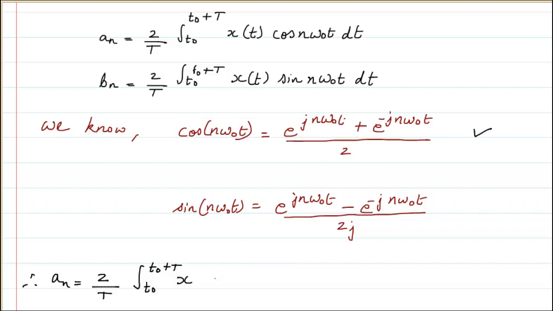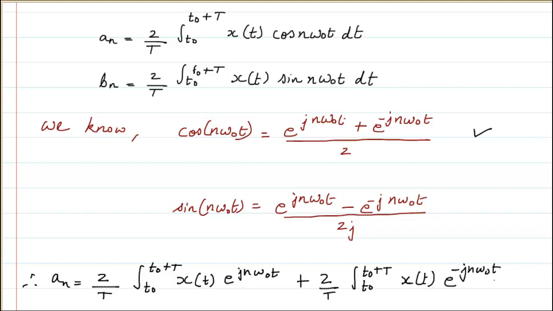So I will split my integral into two parts: x of t e raised to power j n omega naught t, divided by 2, plus again 2 by T integral t naught to t naught plus capital T x of t e raised to power minus j n omega naught t, divided by 2.